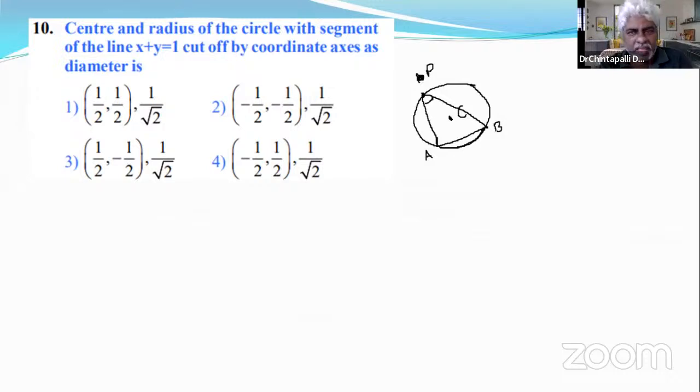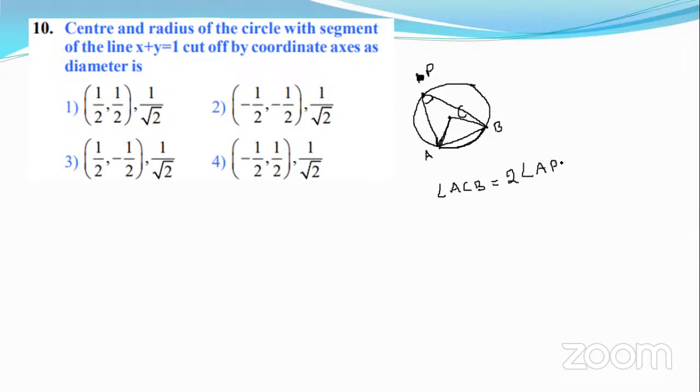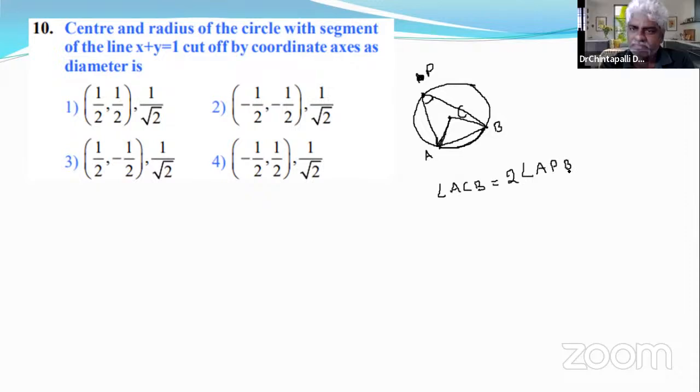And if we connect the center to the ends of the chord, there is a theorem in high school geometry: angle ACB is double of angle APB. That means angle APB is half of angle ACB.